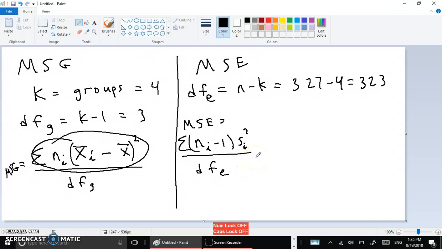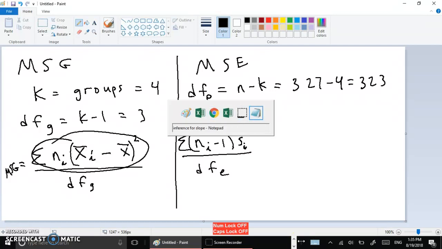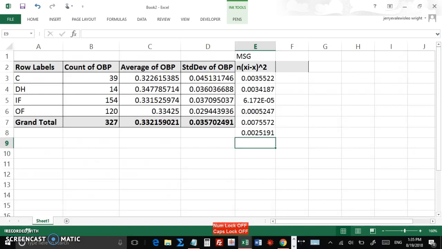So now let's do that calculation on our spreadsheet. Okay, so MSE, the sum of the squares of the errors. Let's label this here. It's just n minus 1 times the standard deviation squared of each group.